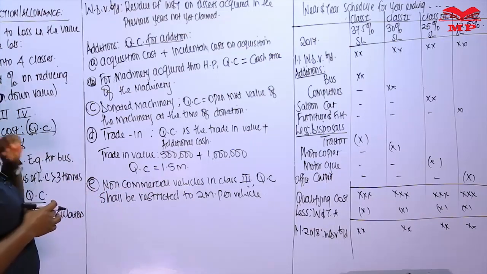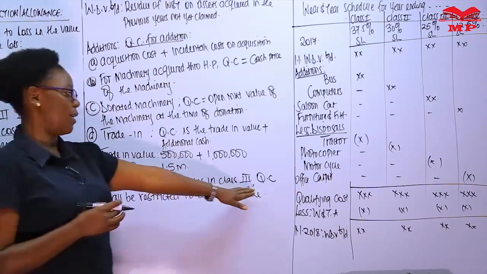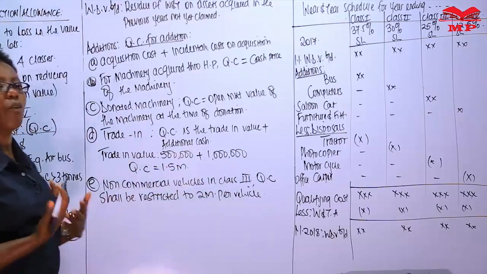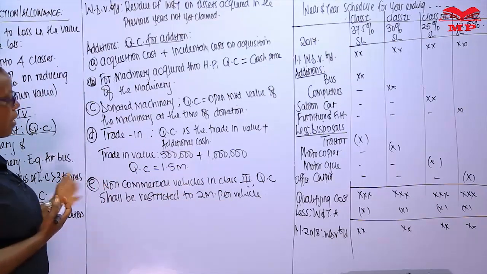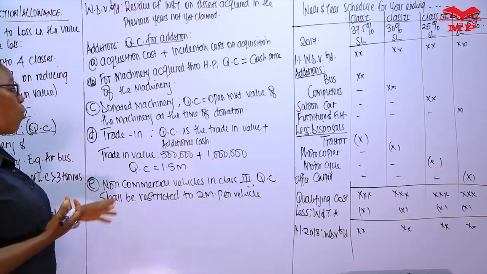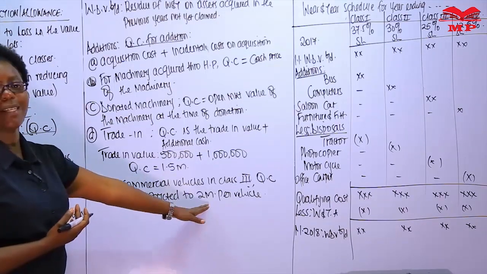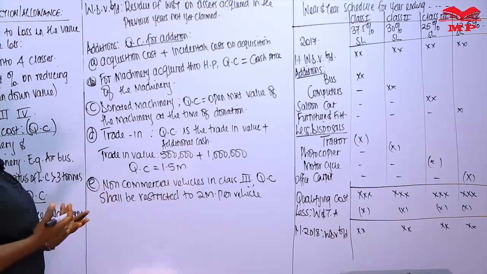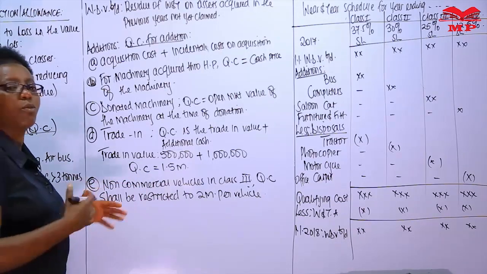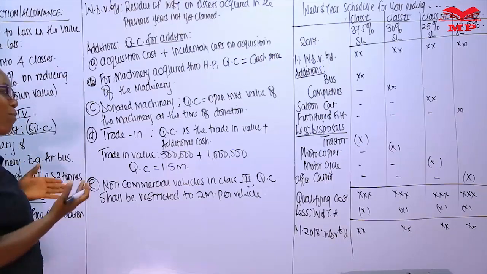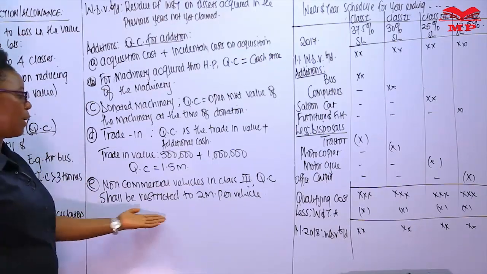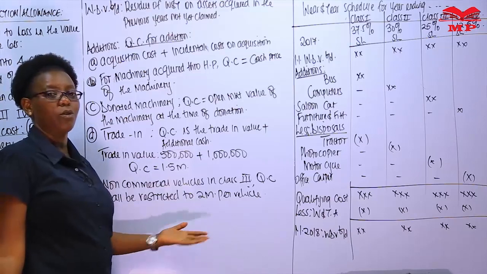So a non-commercial vehicle in class 3, like saloon vehicles used by the directors and the employees, their qualifying cost for addition shall be restricted to 2 million. This is supposed to ensure that the resources of the organization are not misappropriated. It doesn't mean that you cannot buy, for example, your managing director a vehicle that is costing 10 million.